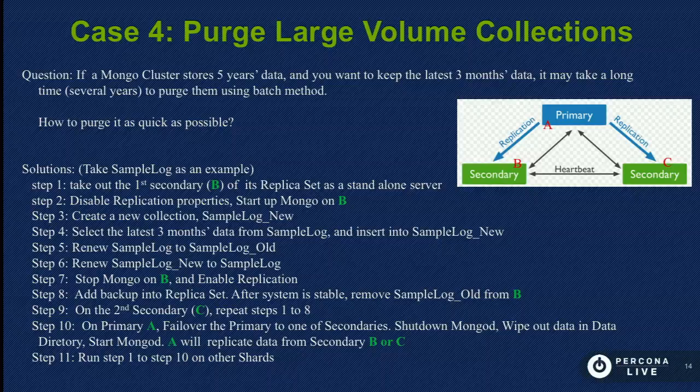After we have 2 copies of 3-month data, we can fail over to either one, and then run the same thing to purge the data. Using this way, we reduce the time. Before, 5 years of data would take, according to my calculation, a couple of years. Now we can run this process in a couple of days to get it done.